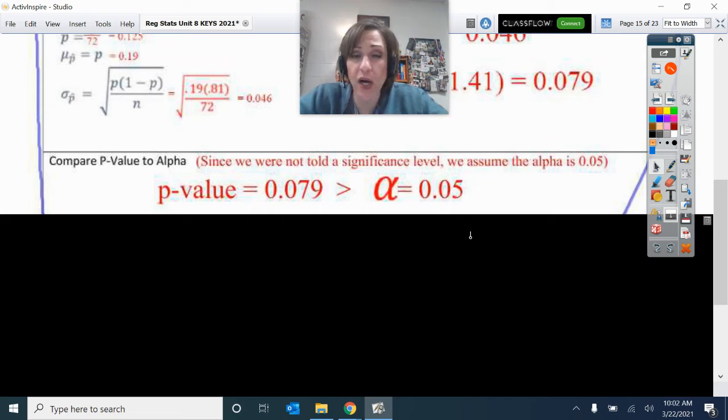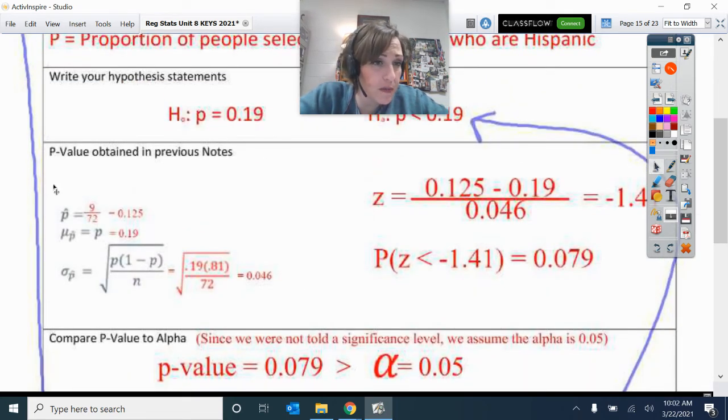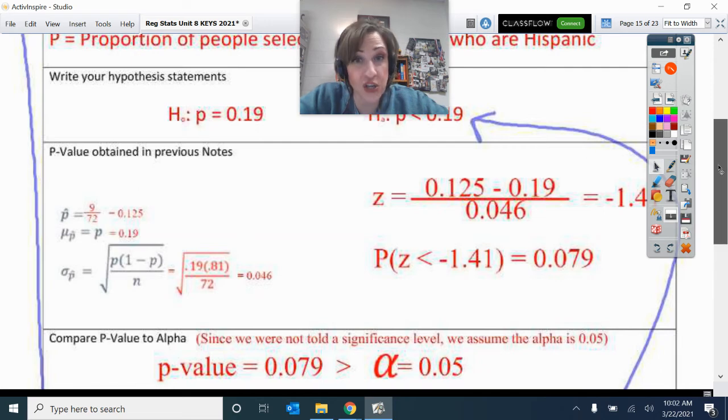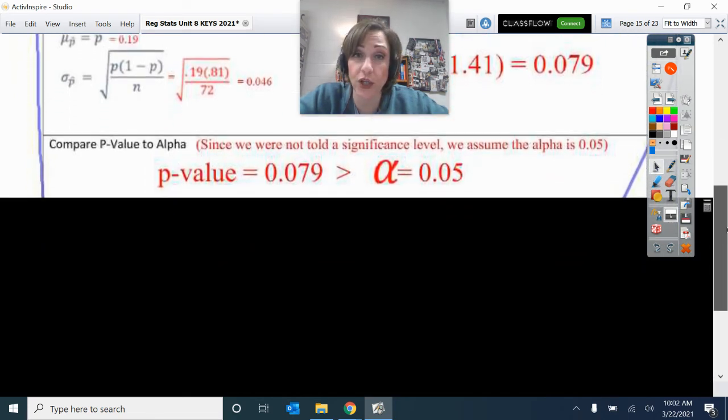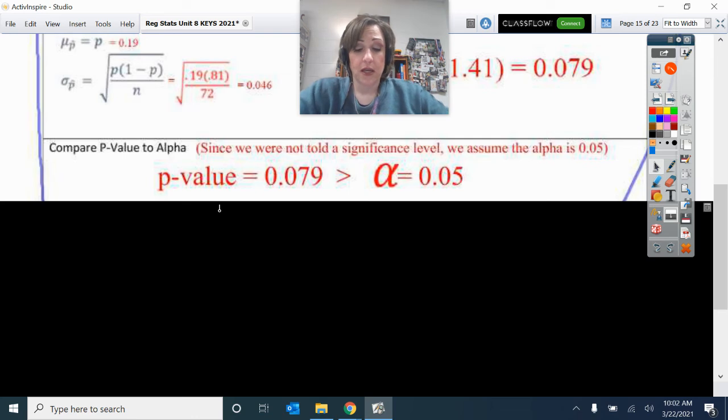Also, don't you dare put P equals 0.079, because up here you told me P equaled 0.19. P-value is different from P-hat, which is different from this P in the null hypothesis. So that's why you have to write the words P-value.